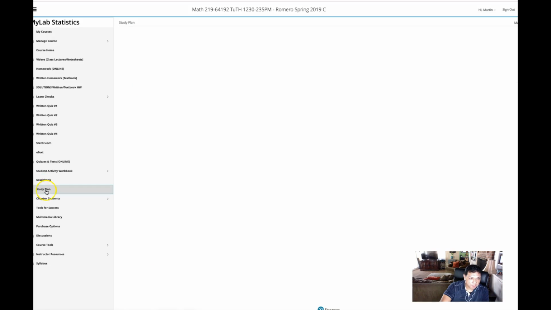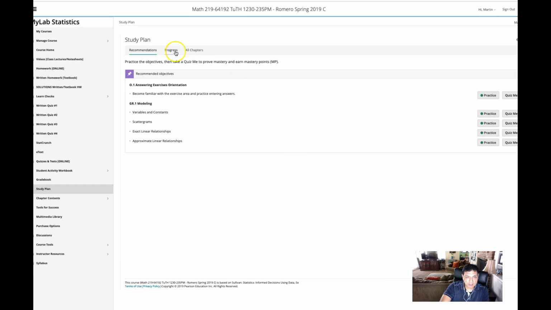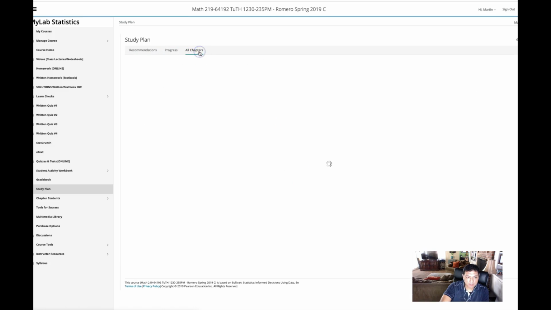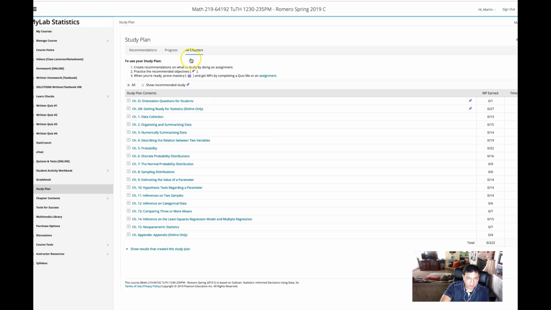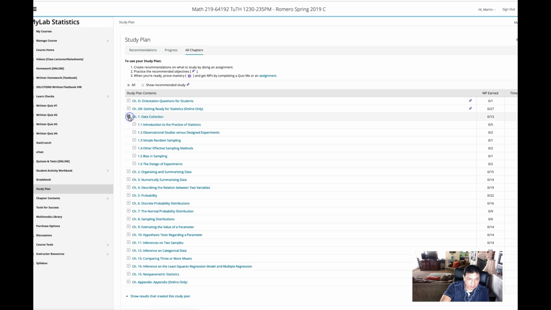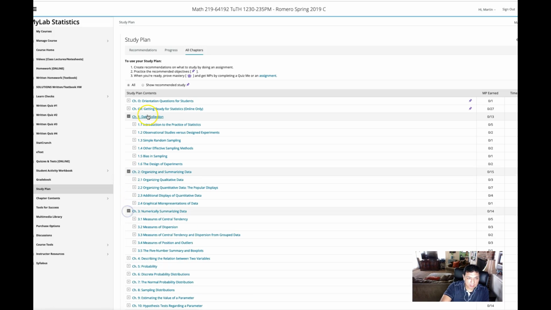Go to study plan, and in the study plan, again, this is not for credit, you don't get any grade for this, but what you can do in study plan is plan a study in terms of hitting all chapters, and then you can see each of these sections for chapter 1, chapter 2, chapter 3, and you can click on each of those.